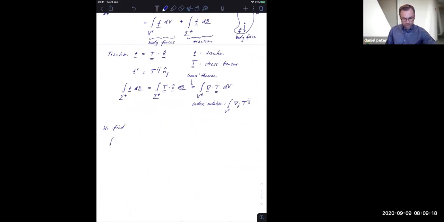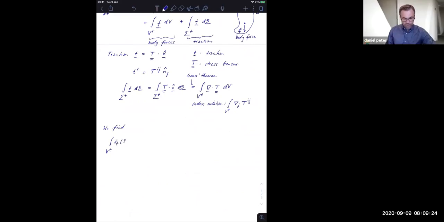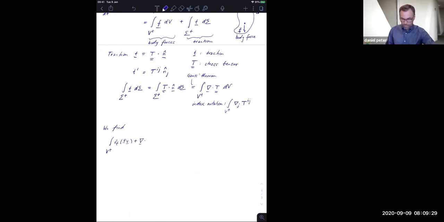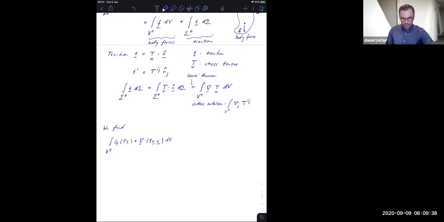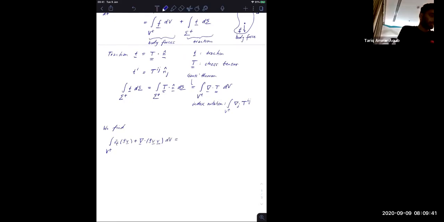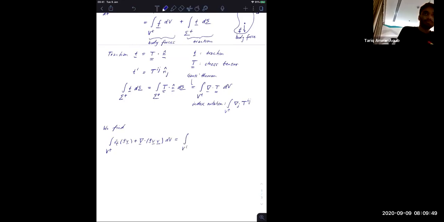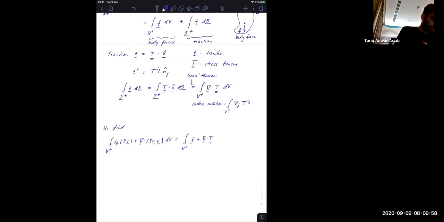So now we find that we have the integral of the time derivative of rho v plus the divergence of rho vv dV. This is our rate of change of total momentum, is equal to the applied forces, which is the volume integral of F plus now the divergence of the stress dV.